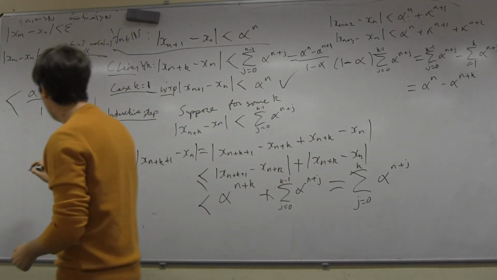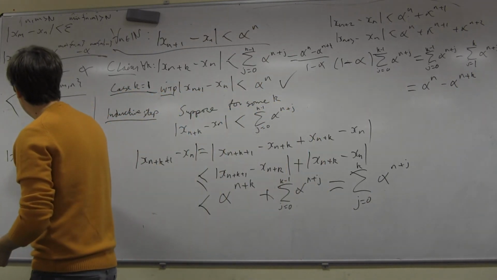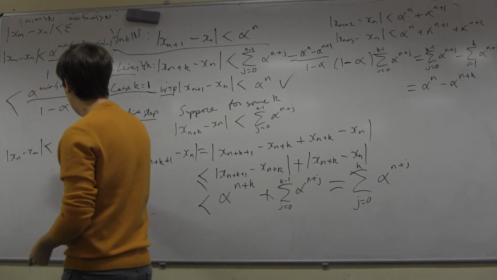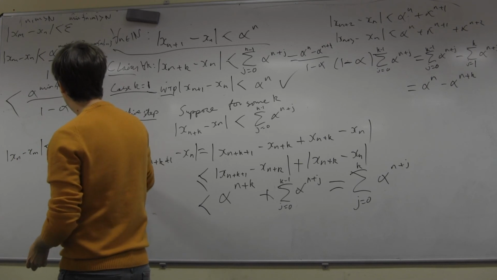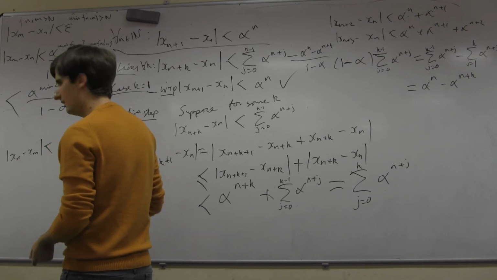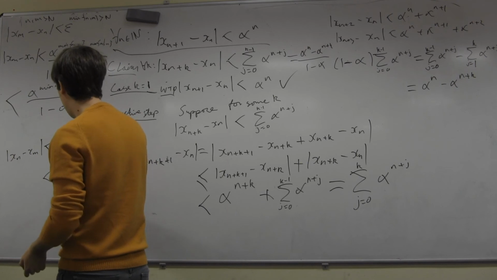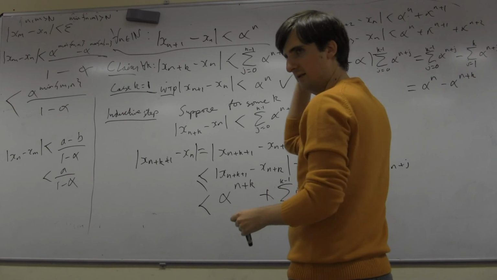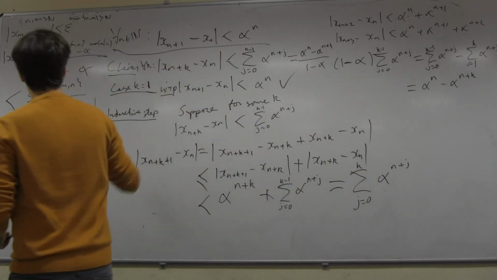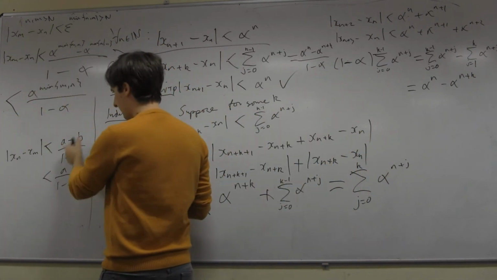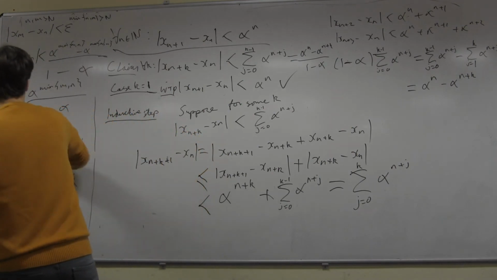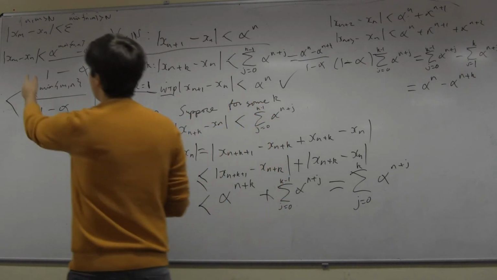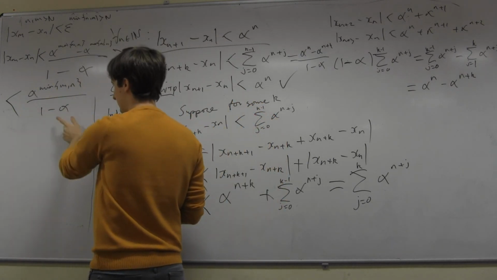What we kind of have is x_n minus x_m is less than (a minus b) divided by 1 minus alpha, which is less than a over 1 minus alpha. So that's all we're doing. Does that make sense? You can always make it something bigger by taking out a minus sign. So we have |x_m minus x_n| is less than this.